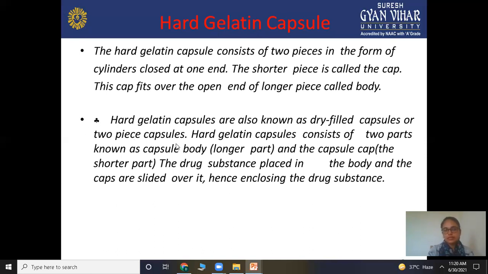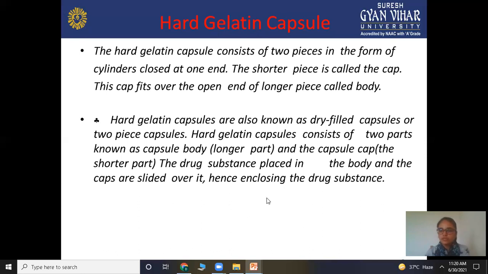Next, hard gelatin capsules are also known as dry filled capsules or two-piece capsules. A hard gelatin capsule consists of two parts, the body, the longer part, and the cap, the shorter part. The drug substance is placed in the body, and the caps are slid over it, hence closing the drug substance.